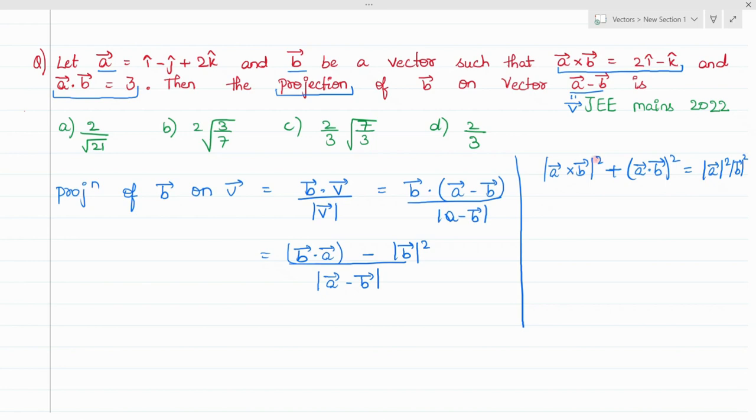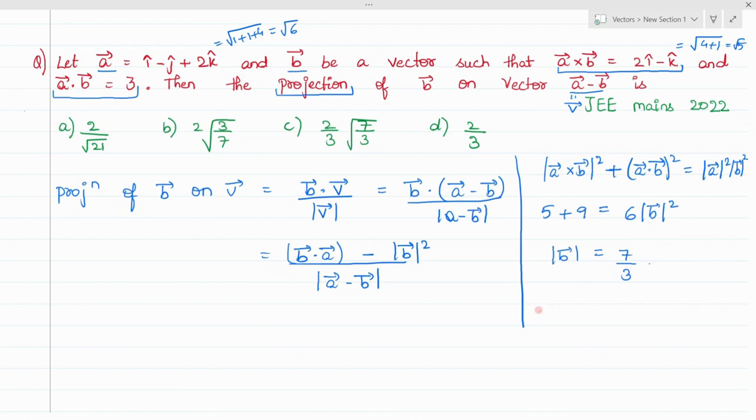A cross B magnitude becomes under root 4 plus 1, that is root 5, so its square will be 5, plus A dot B is 3, square 9. Magnitude of A is under root 1 plus 1 plus 4, that is under root 6, whole square will be 6 into magnitude of B square. From here, we'll get magnitude of B square as 14 by 6, which becomes 7 by 3.